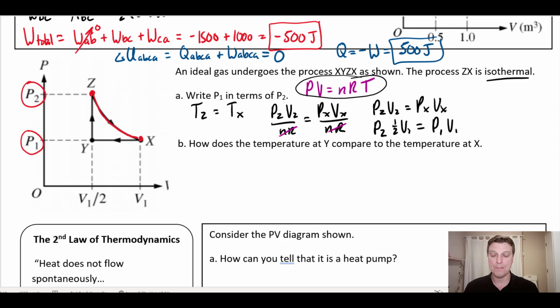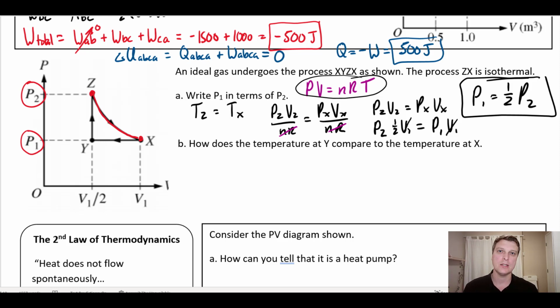So I want to write P1 in terms of P2, and you can see here that the volume is going to cancel, and I'm going to end up with P1 is equal to 1/2 of P2. And this again should make sense because we went from Z to X without changing the temperature, and we also saw that the volume must have doubled. Well, if the temperature doesn't change and the volume doubles, it makes sense that the pressure must have dropped by 1/2.